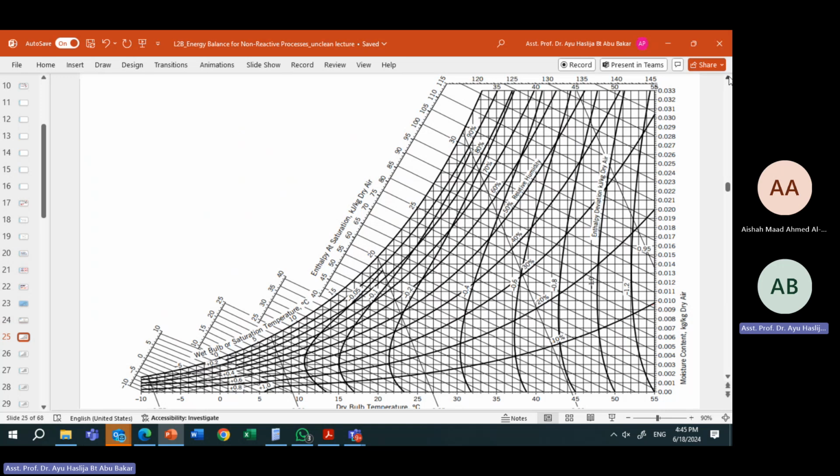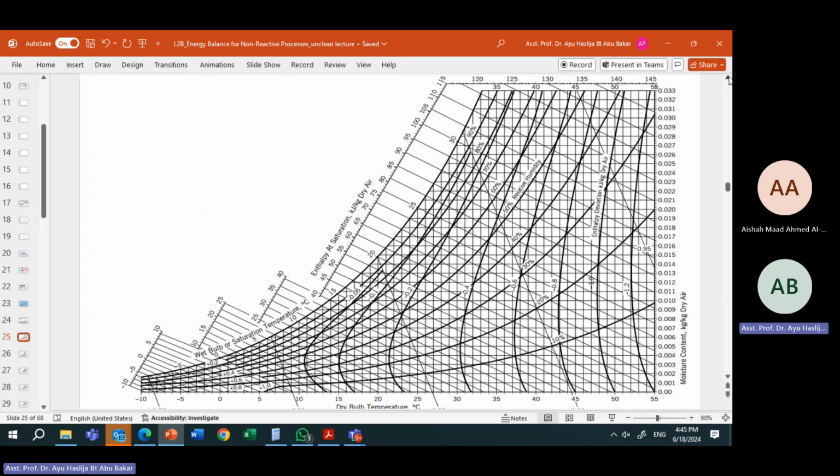Wet bulb means you have moisture in it. This one is dry bulb, wet bulb. This one is enthalpy. Relative humidity. Okay, enthalpy deviation. This one has one more. See this one, it's diagonal. This is another piece of info on the chart.